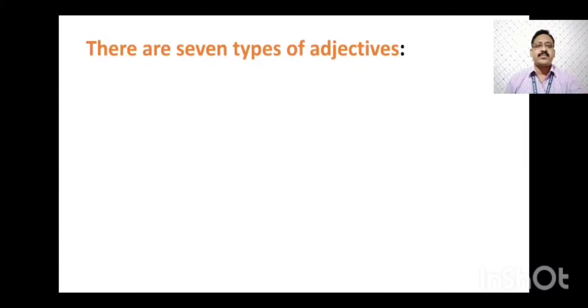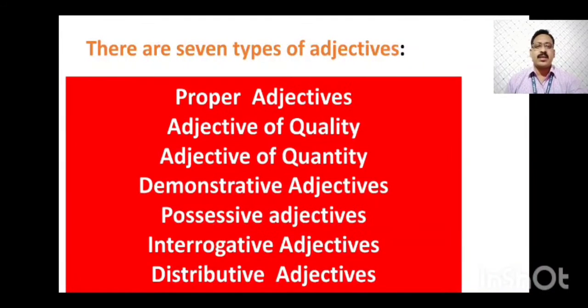Now we'll move forward. There are 7 types of adjectives in English: proper adjective, adjective of quality, adjective of quantity, demonstrative adjective, possessive adjectives, interrogative adjectives, distributive adjectives.